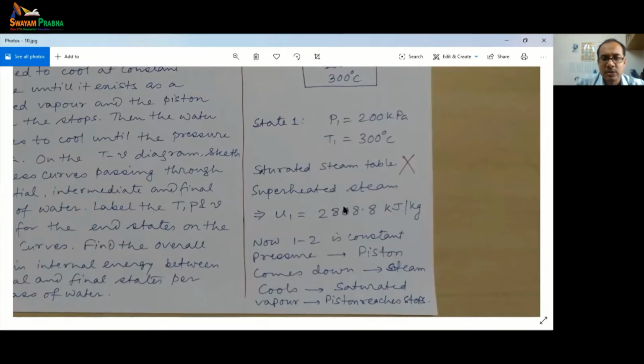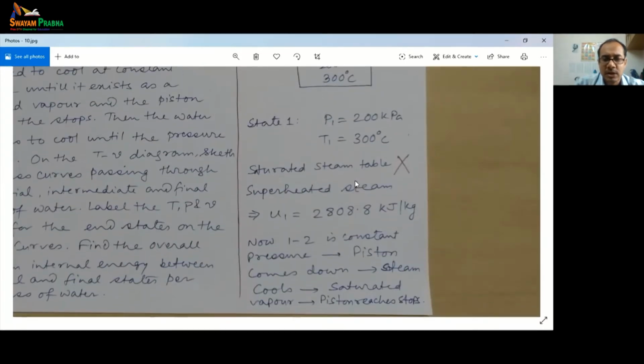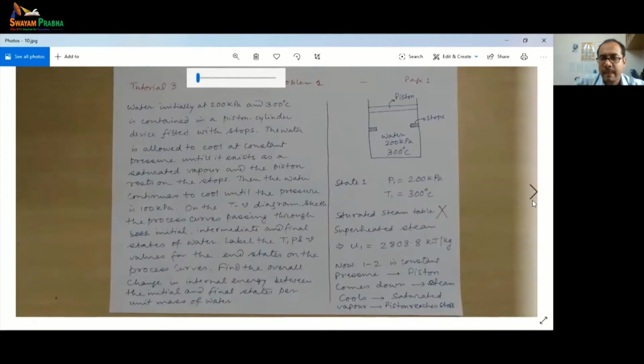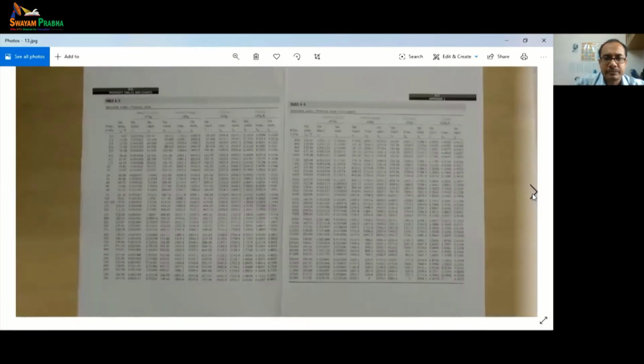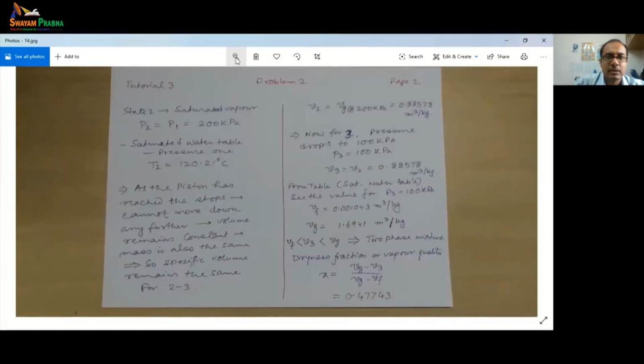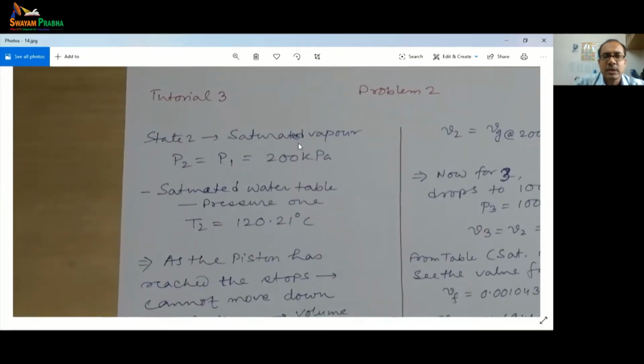When it reaches the stops, at this point it reaches the saturated vapor state. So state 2 is nothing but saturated vapor, at constant pressure.